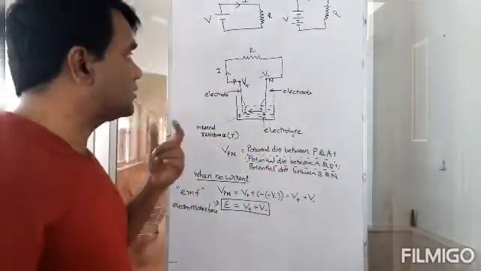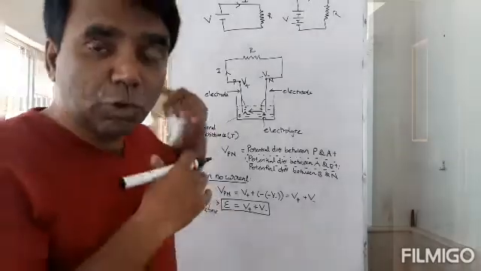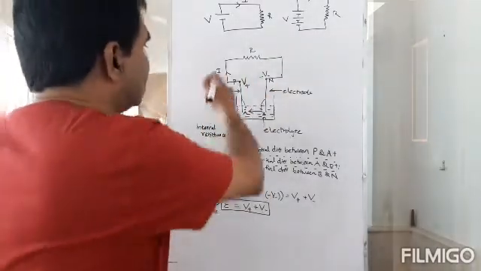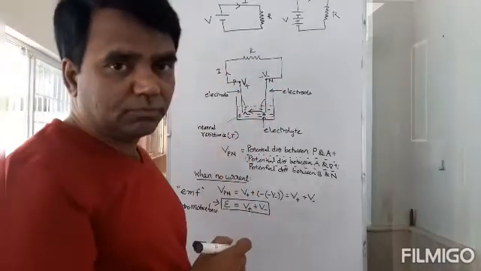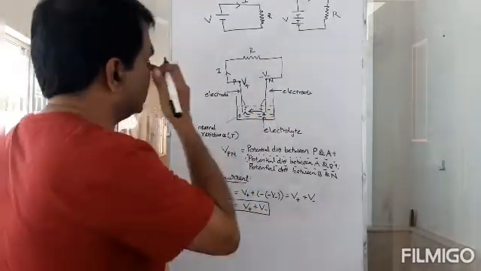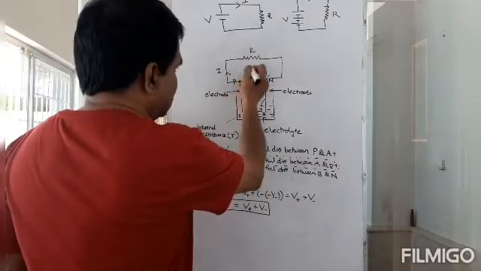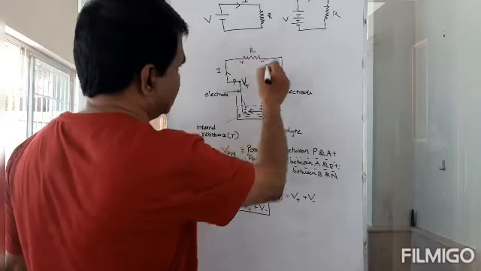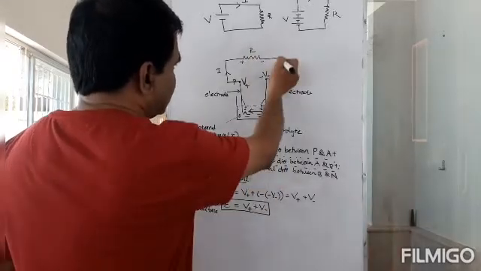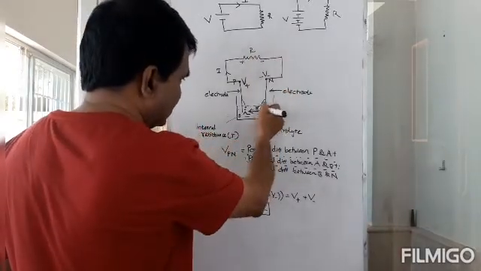But what happens when current is flowing in the circuit? I is the current flowing in the circuit. So I is flowing here, there will be a potential drop, plus, minus. Okay, and then it comes here. Then here there is a resistance.